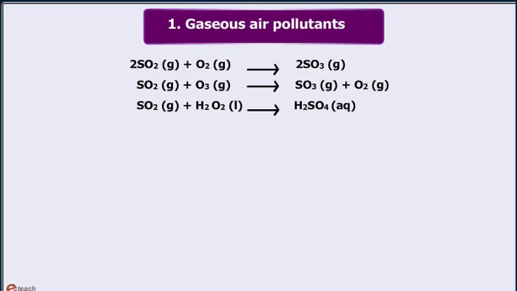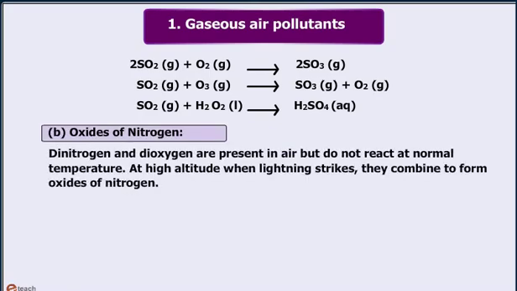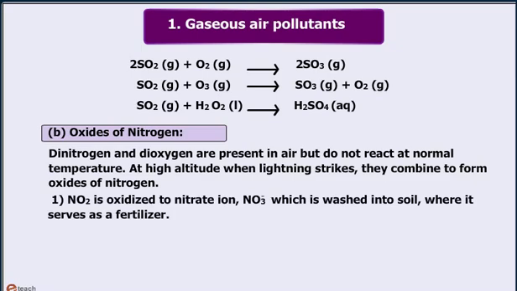Now study B. Oxides of nitrogen, which are another type of gaseous air pollutants. At high altitude, when lightning strikes, N2 and O2 combine to form oxides of nitrogen. NO2 is oxidized to nitrate ion, NO3 minus, which is washed into soil, where it serves as a fertilizer.